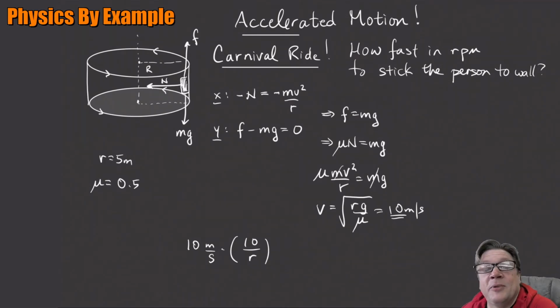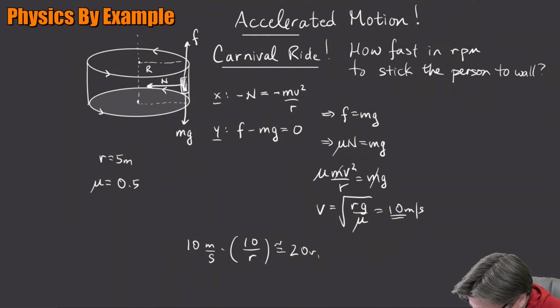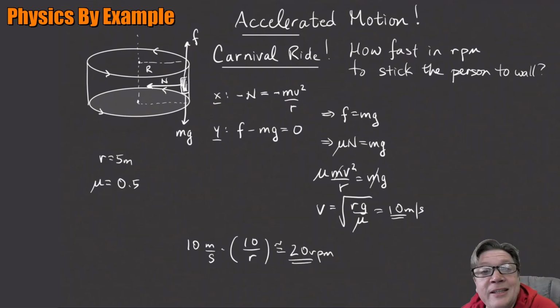But this is the quick approximate one, so while your friends are getting out their calculators, you're already done, and you got a pretty close answer. 10 divided by r, where r is 5, is 10 times 2, or 20. So it's about 20 RPM. As long as this thing is spinning at about 20 RPM, you'll be fine.